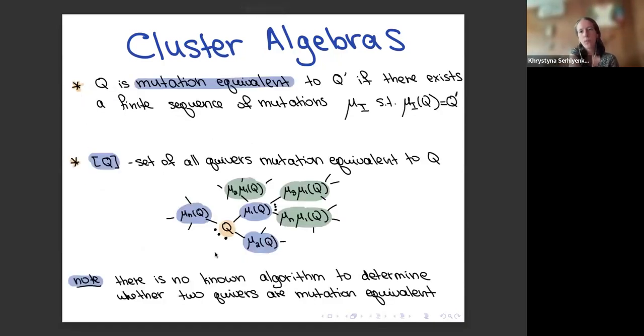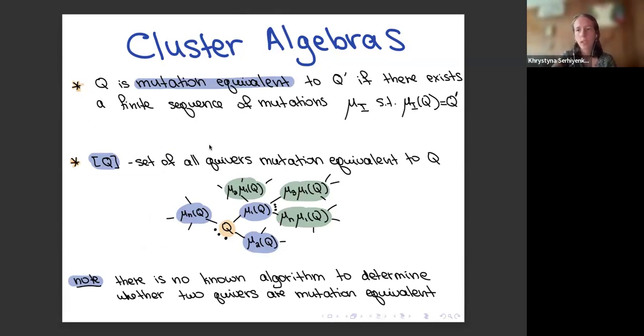Okay. So something that we will talk about is the notion of an equivalence class. We say that a quiver Q is mutation equivalent to a quiver Q prime whenever there exists a finite sequence of mutations, mu sub i, such that if I apply it to a quiver Q, I get to Q prime.